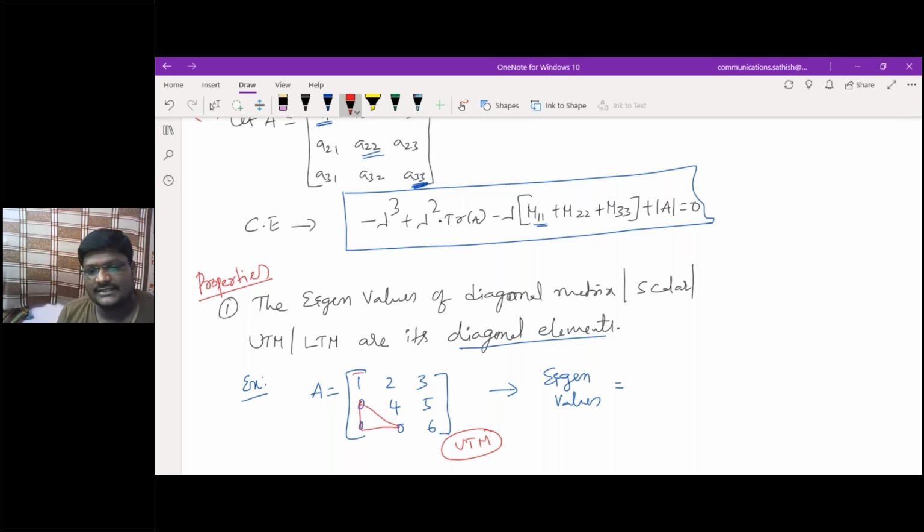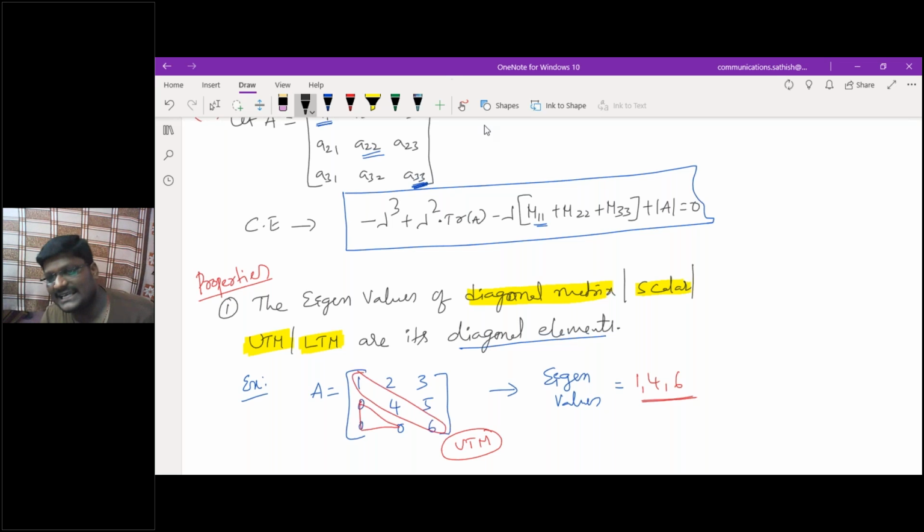For an upper triangular matrix, the eigenvalues are the diagonal elements: 1, 4, 6. No need to calculate. Likewise, for a diagonal matrix, scalar matrix, upper triangular matrix, and lower triangular matrix, the eigenvalues are the diagonal elements.